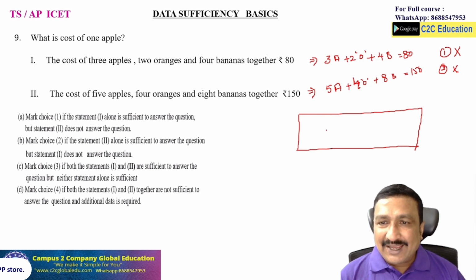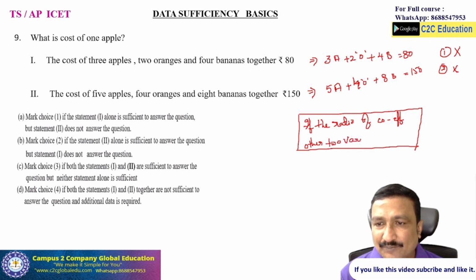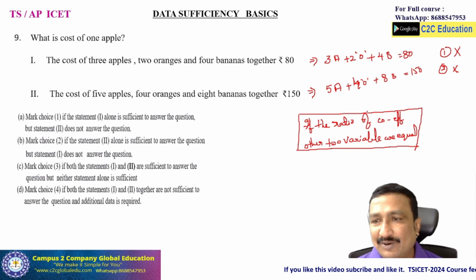But if the ratio of coefficients of the other 2 variables is equal, then we can find out the third variable value.